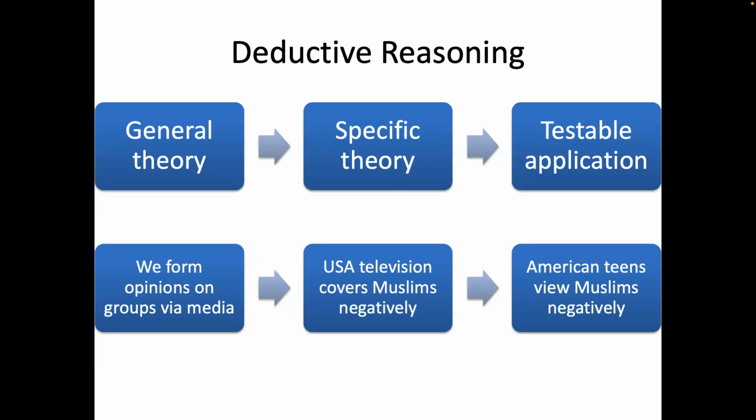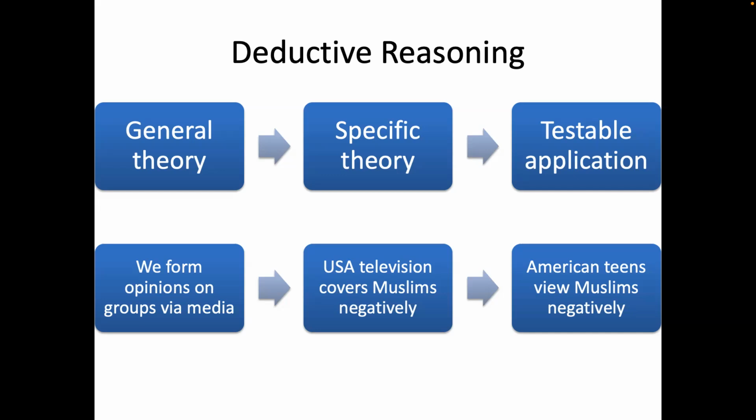So we form opinions on groups via media. This is the contact hypothesis. US television covers Muslims negatively in a post-2001 environment, or anybody who might look Muslim, folks of Arab descent or even just Mediterranean descent, and so forth.